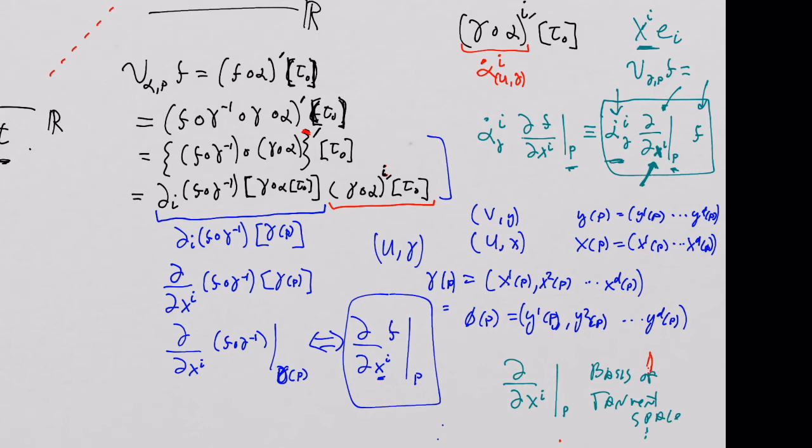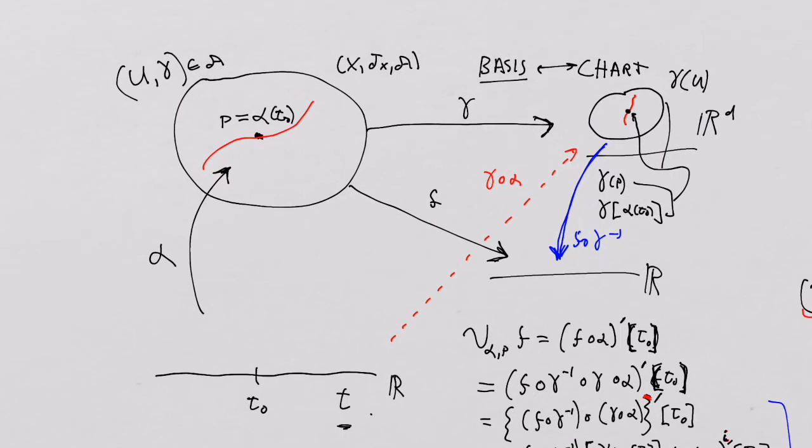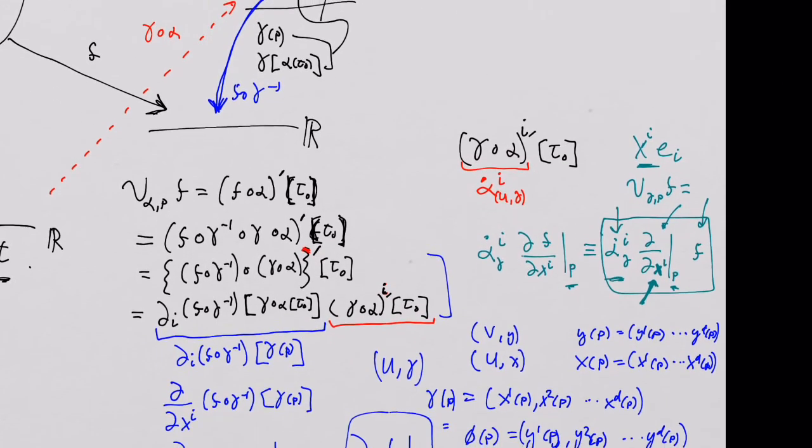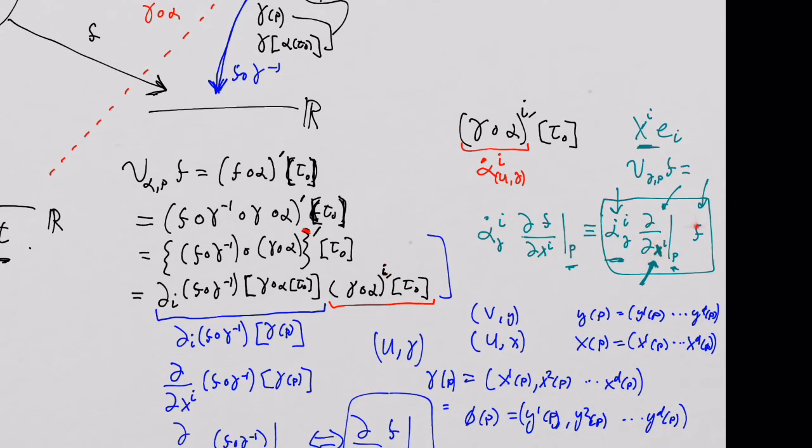So the idea is that once you have this gamma, you've established a coordinate system. We now know how gamma is related to coordinate systems. So there's some coordinate system here in RD that's projected back onto the manifold, but the coordinate system exists here in RD. Once I set up that coordinate system through gamma, the relationship between the manifold and that coordinate system through gamma, now the basis of this tangent space at P is completely dependent on that coordinate system, through the way the functions are dependent on the coordinate system.